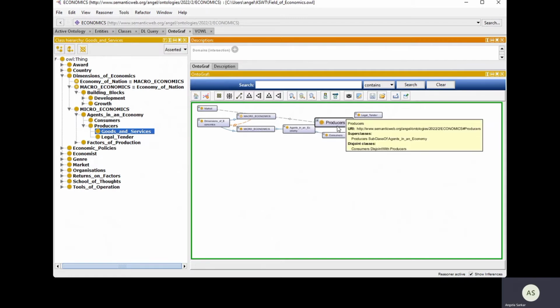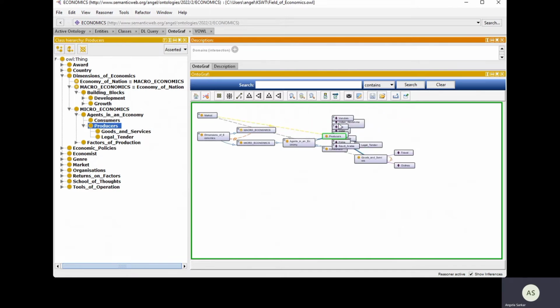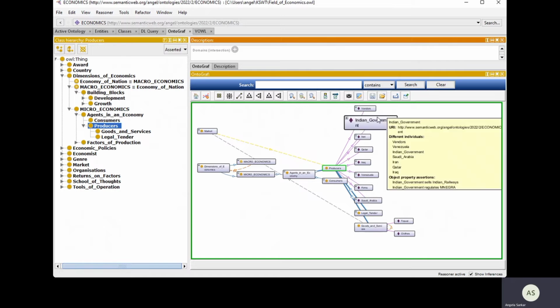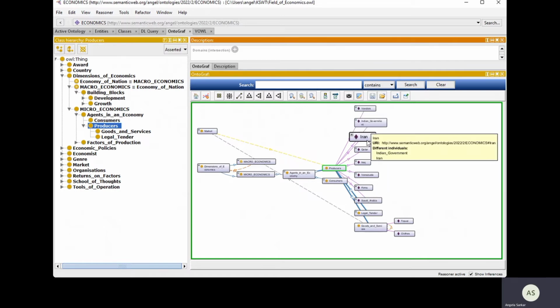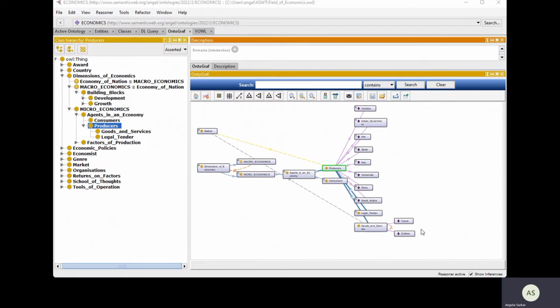If we click on producers, to see who the producers in this ontology are, it shows Indian government, Venezuela vendors, Iran, Qatar, Venezuela firms, Saudi Arabia, which we have defined separately in our ontology. So let's have a look here.